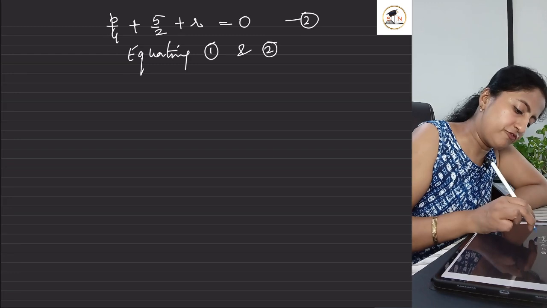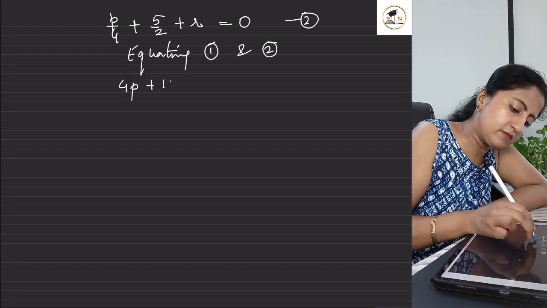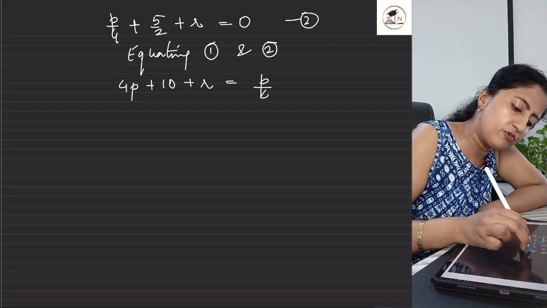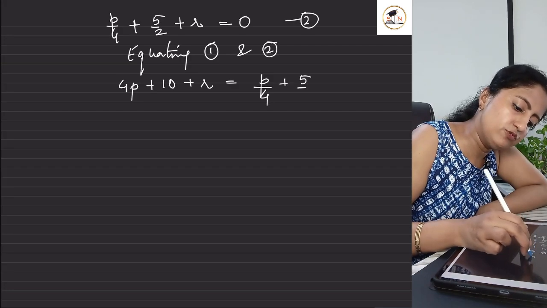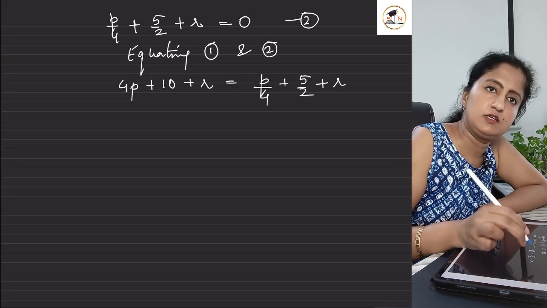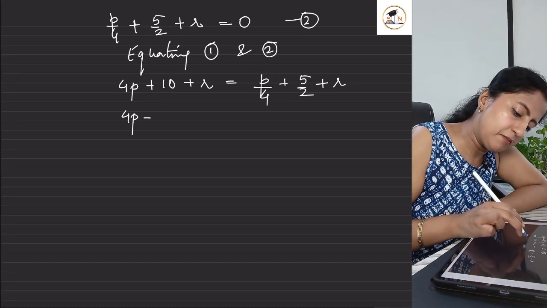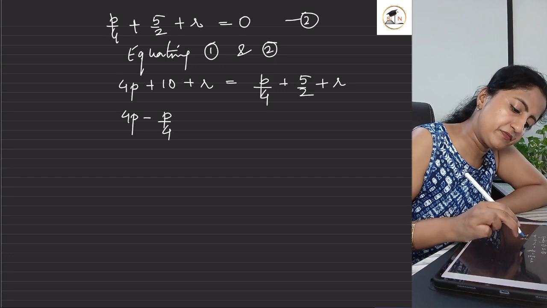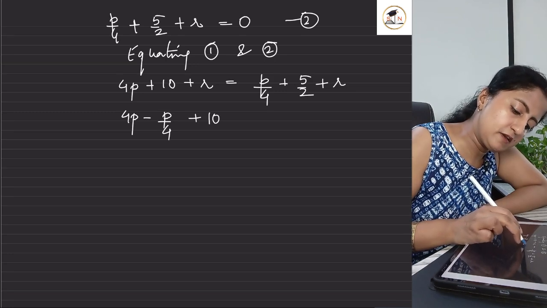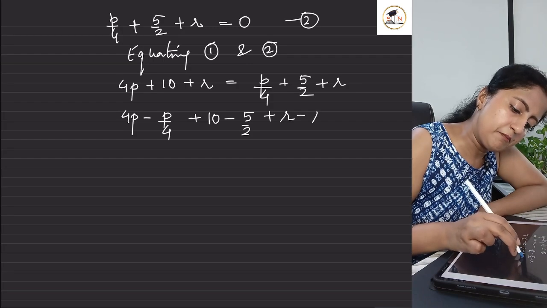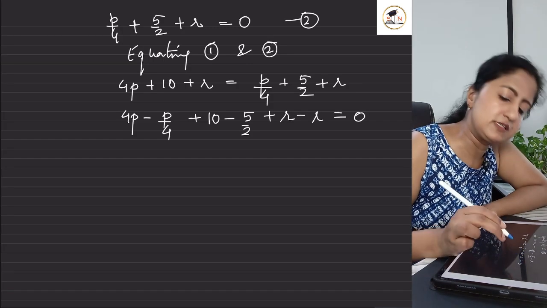It was 4p plus 10 plus r equated with p by 4 plus 5 by 2 plus r. Now we will just simplify that. And we have 4p minus p by 4 plus 10 minus 5 by 2 plus r minus r equals 0.